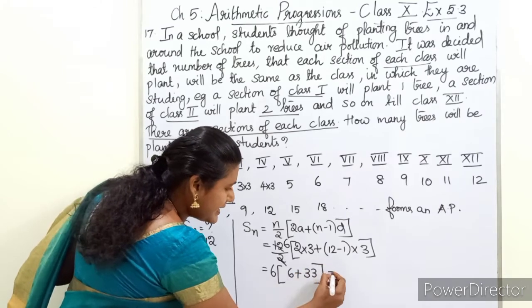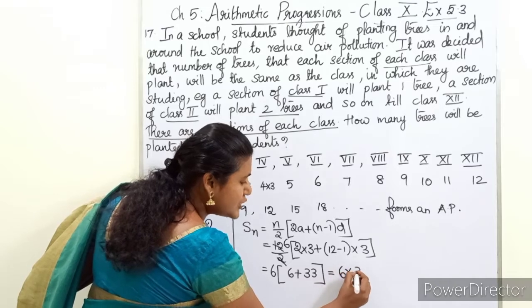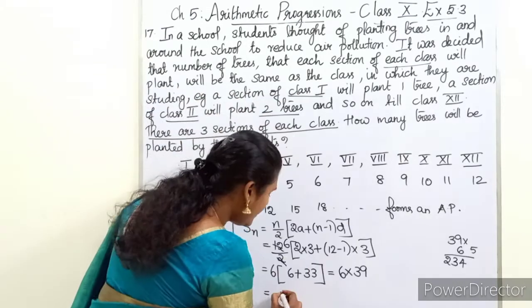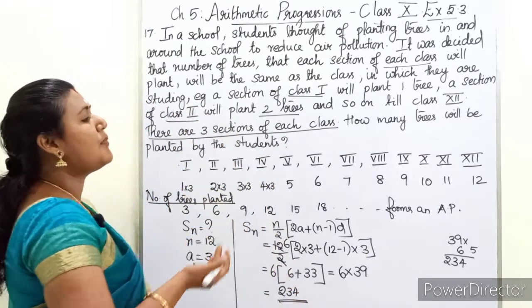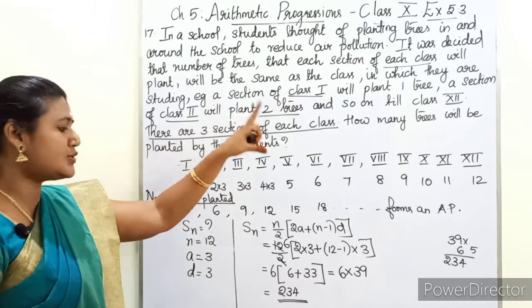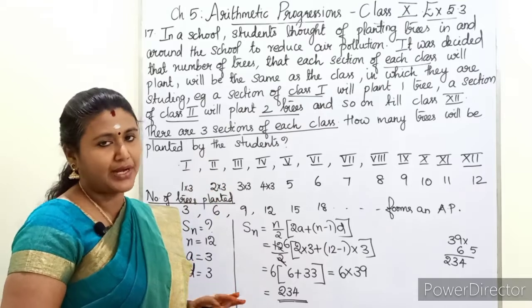When you add these two numbers, 33 plus 6 is 39. So 6 into 39, we will multiply these two. So 234 is the answer. So the total number of trees planted by the students of class 1 to 12 will be 234. So this is how you have to find out the answer.